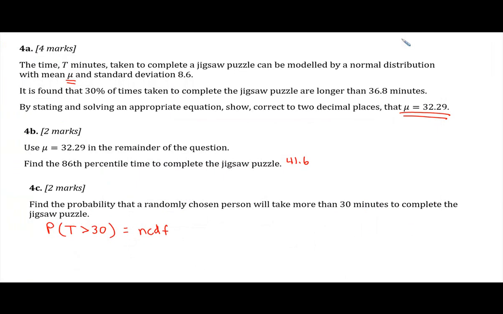Make sure you write down what you put in the calculator: 30, comma, a bunch of 9s, then 32.29, then 8.6, and our answer was 0.605.